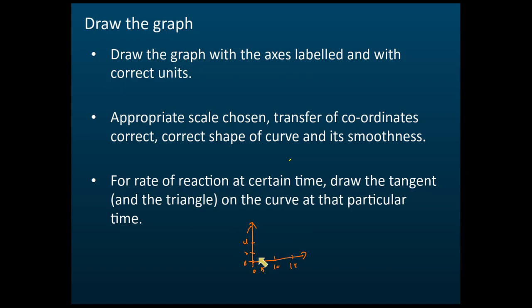Then you must be very careful because sometimes you need to find the y-intercept. If you need to find the y-intercept, then the horizontal scale must start from 0. But usually this is for physics, okay? In chemistry, we seldom ask you to extrapolate the graph.